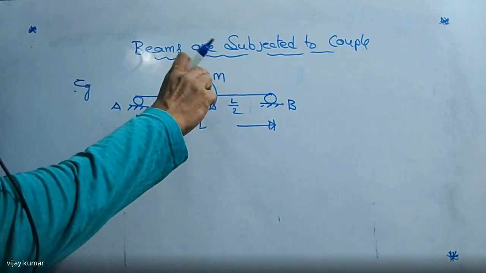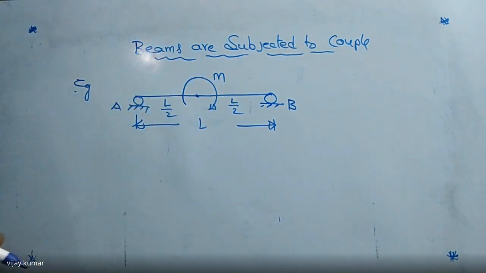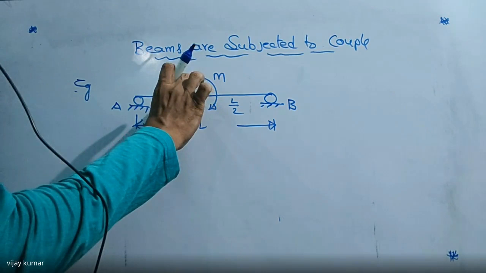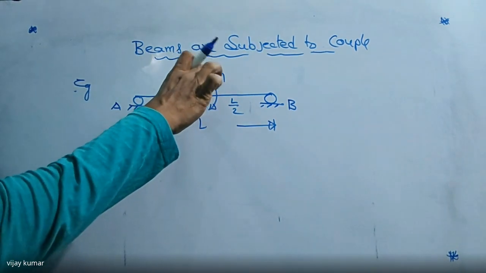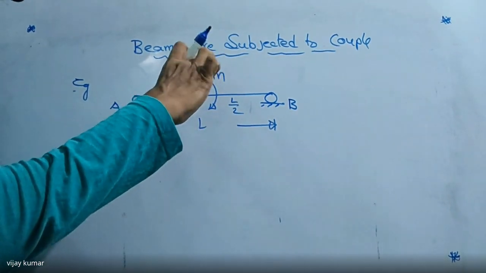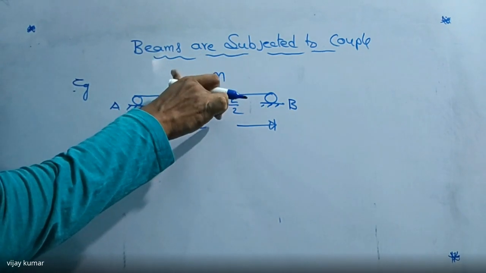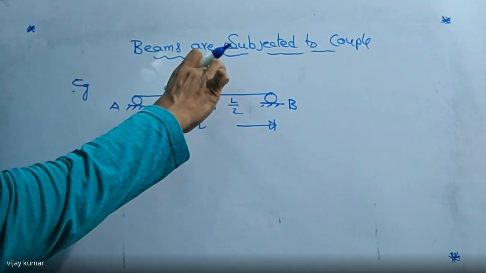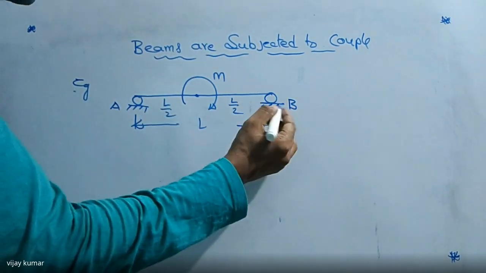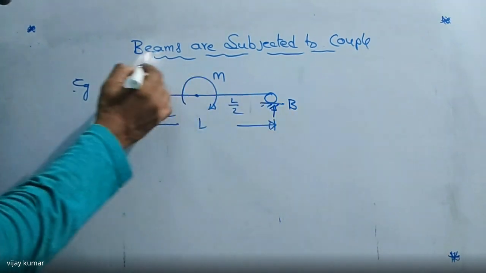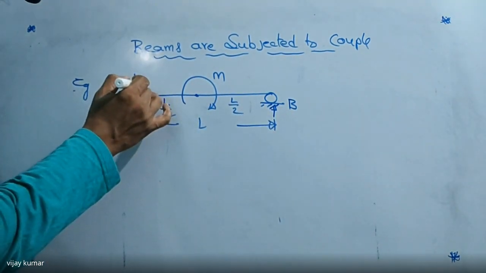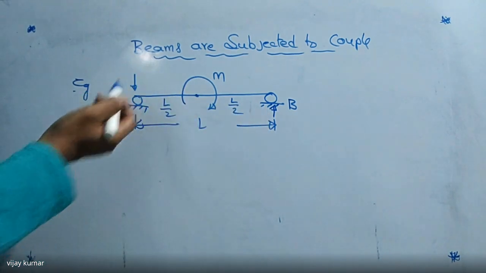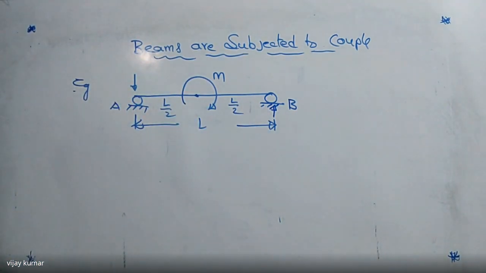The couple here is acting clockwise, so the beam will rotate in clockwise direction. When the beam rotates clockwise, this support will give a reactive force upward, and this will give a reactive force downward. Then these two are equal and opposite, and the beam is said to be in equilibrium.